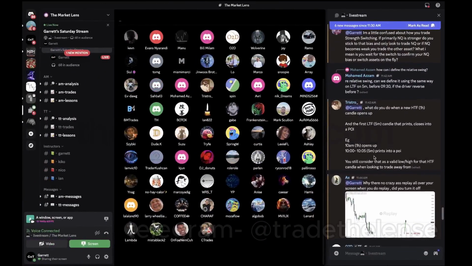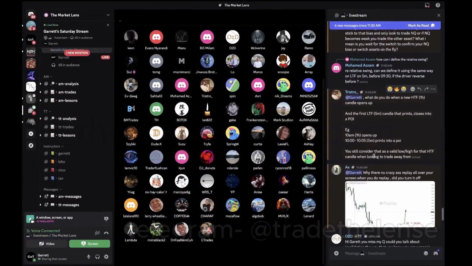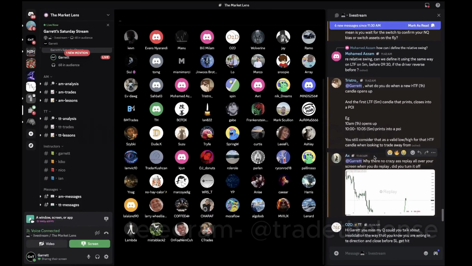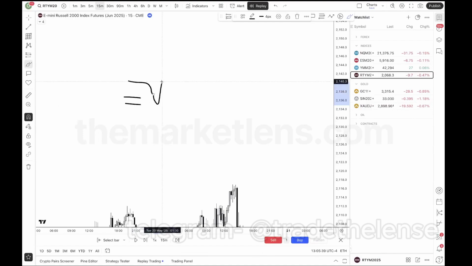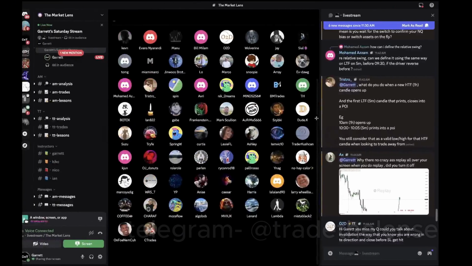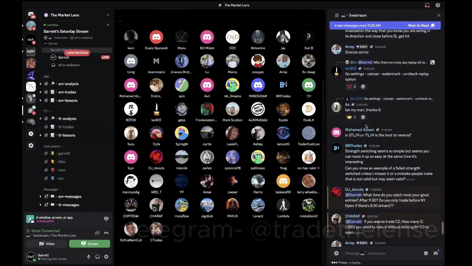I'm confused. Valid high or low? Yeah, I would though. If it did this in the first 5 minutes, I would still consider it, even if the low of the candle is formed very early on. I think that's what you're asking, maybe. Yeah, I would still consider that as valid. Is that what you're asking me?